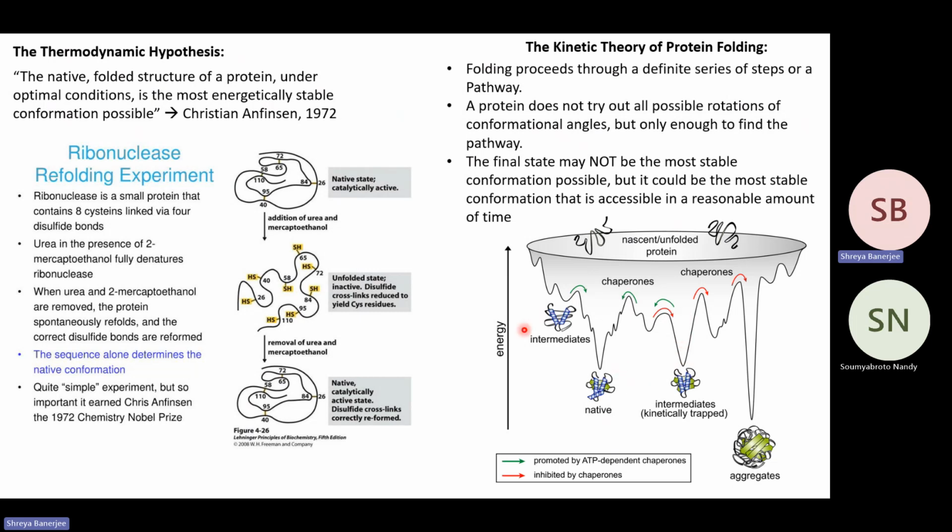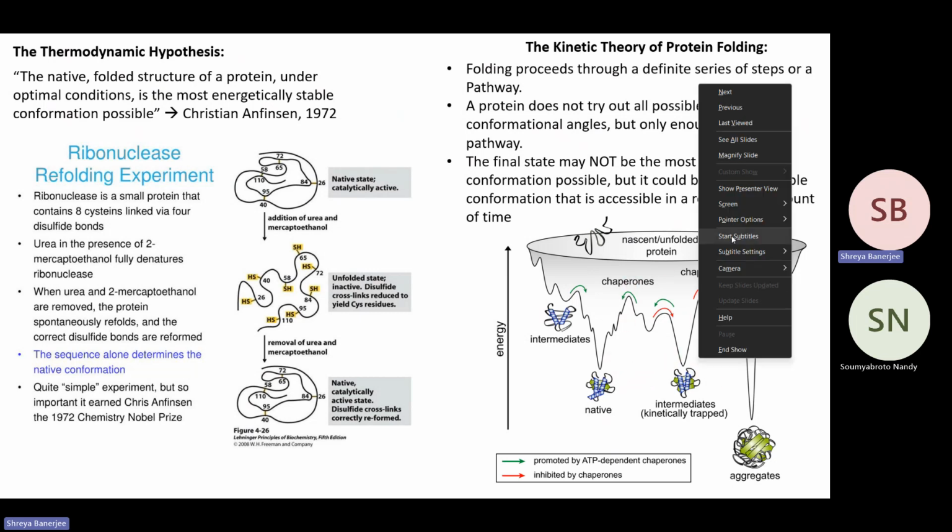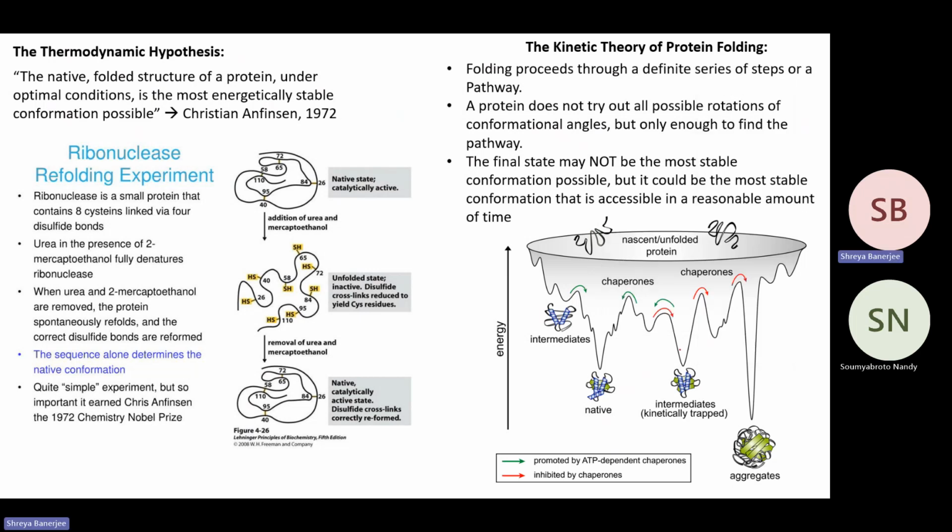So that leads to misfolding of the protein. There are certain proteins, like amyloid proteins, which lead to Alzheimer's disease. Basically, while folding, if the protein enters this state, in order to escape from this state and form the native state, a lot of energy is required.